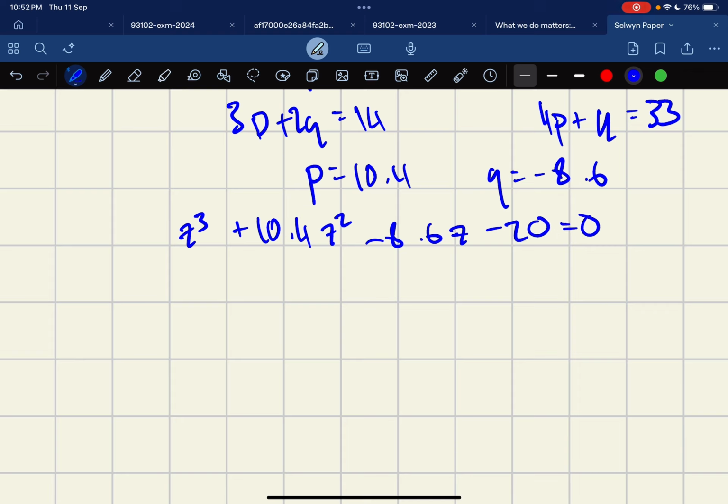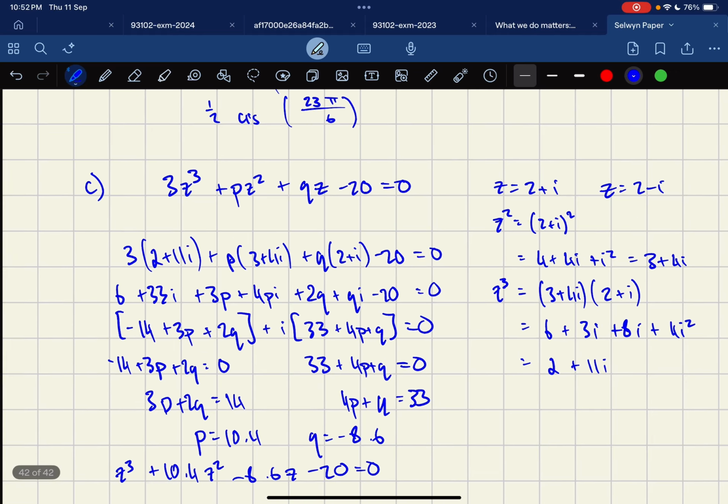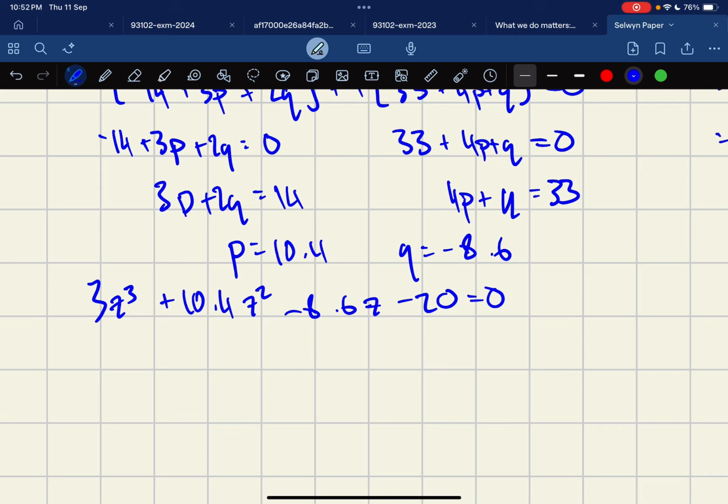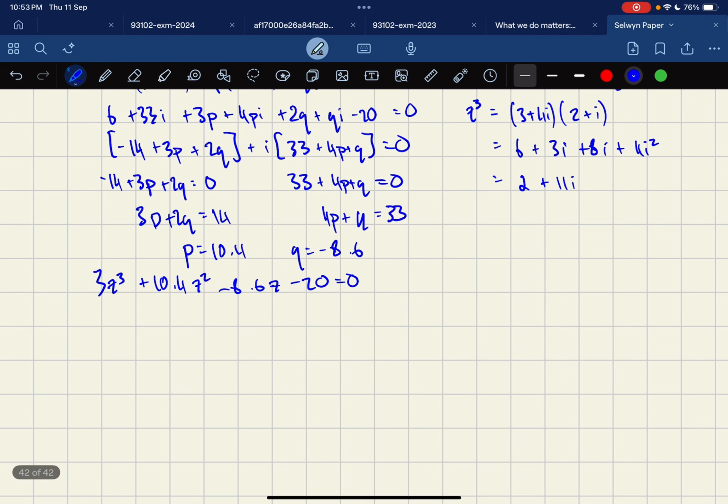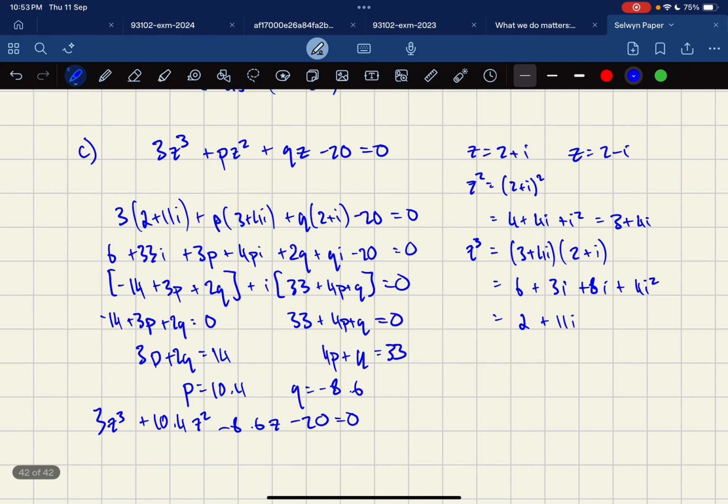Solving this in your calculator again, fill in your coefficients. 1, 10.4, minus 8.6, minus 20, and that should give you, oh sorry, there should be a 3 in front. It's not what the answer should be.